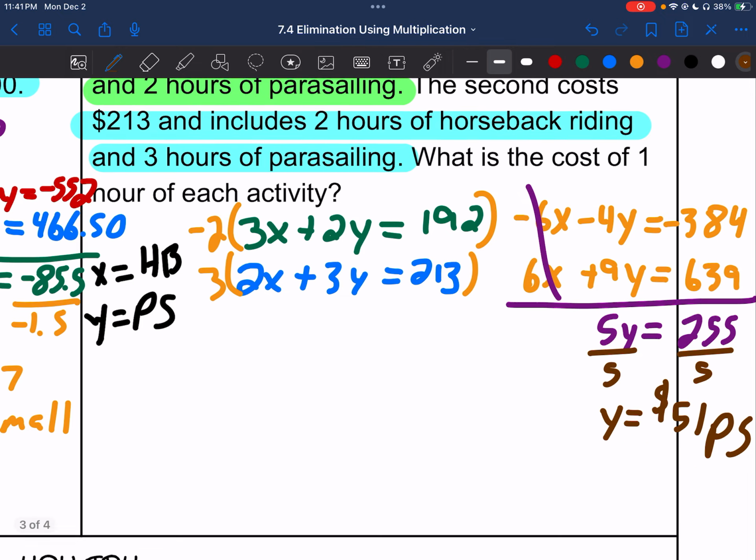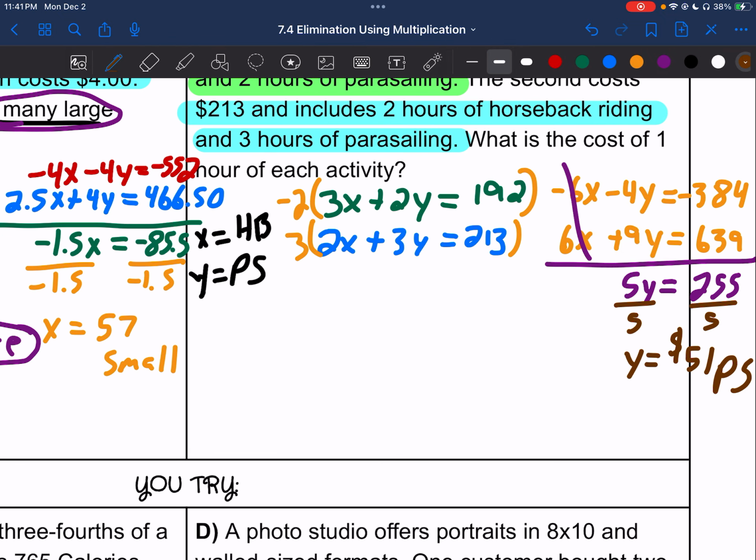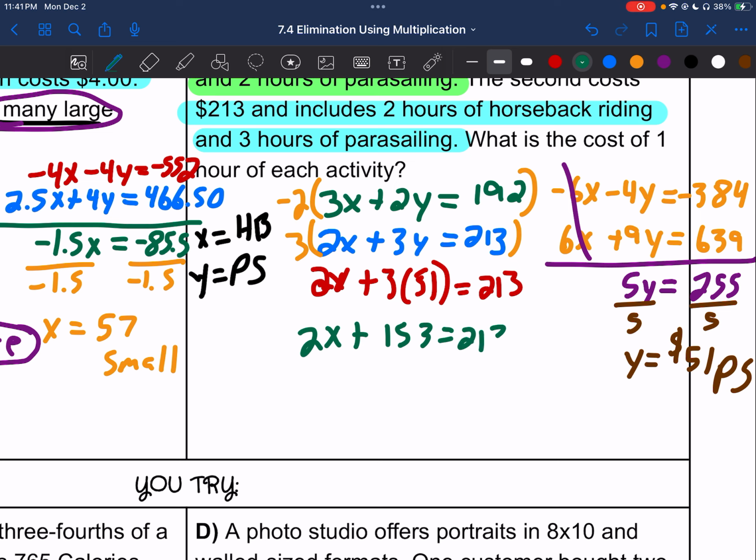Now I need to substitute that back into one of my two equations to find my value for horseback riding. So I'm going to use the bottom equation. So we've got 2x plus 3 times 51 is equal to 213. And when you multiply that, 2x plus, that's going to be 153 equals 213.